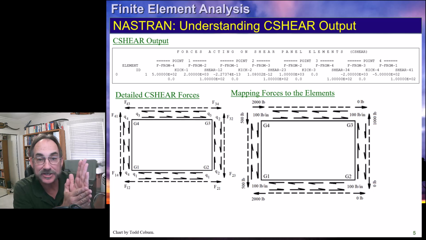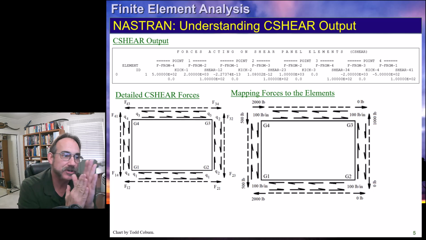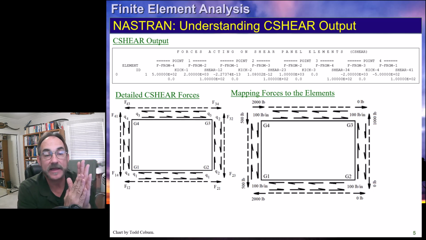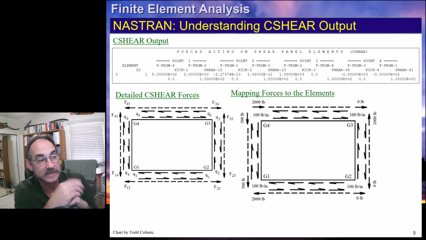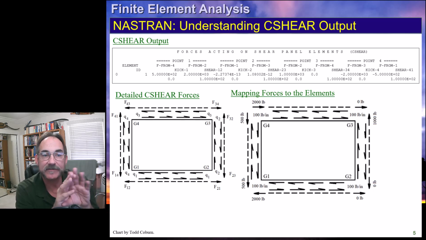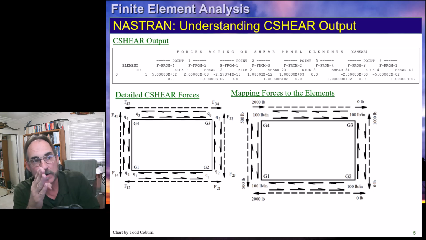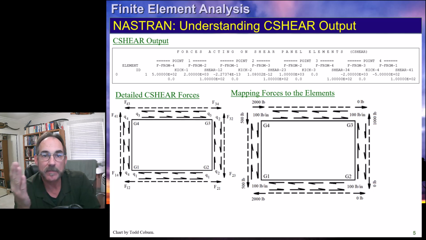Those are your two reactions, 500 and 500, and that 1,000 pounds of total force is introduced by that 100 pounds per inch acting on the 10 inches. So you notice that all imaginary rod elements are perfectly balanced. The shear element is perfectly balanced. Everything is perfectly balanced. The problem is the forces here don't show up in your model.